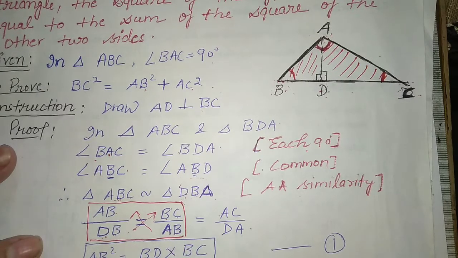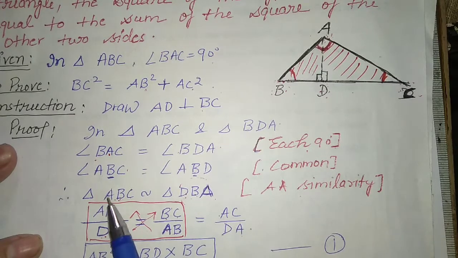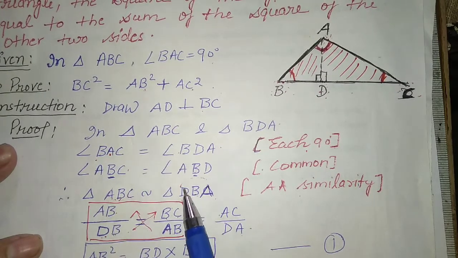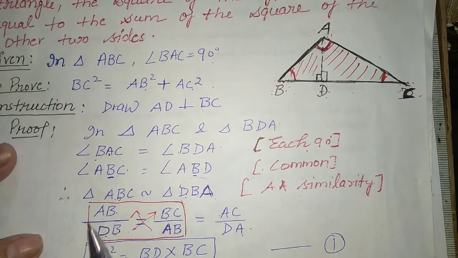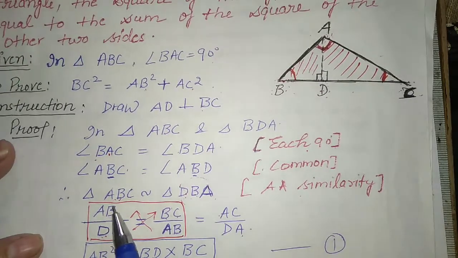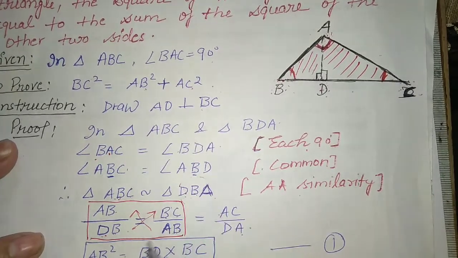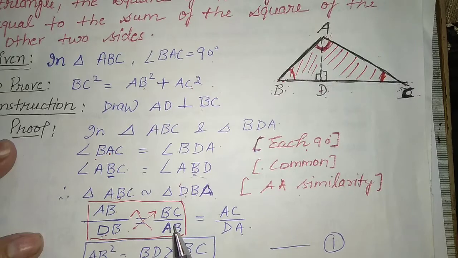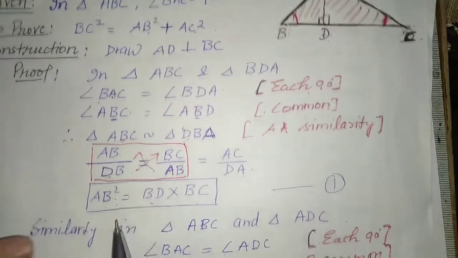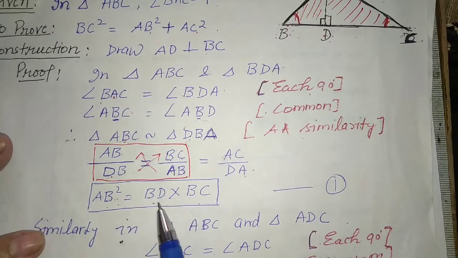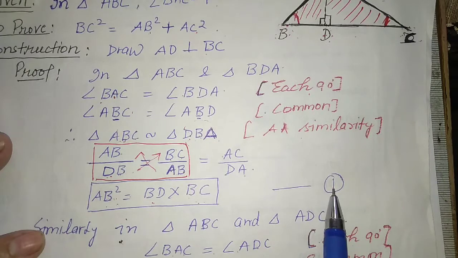So this is equal to AC upon DA. We have decided to take the first two parts because here we are getting AB square, that is, in the proof AB square is there. So cross multiply, we will get AB square is equal to BD into BC. This is the first equation.